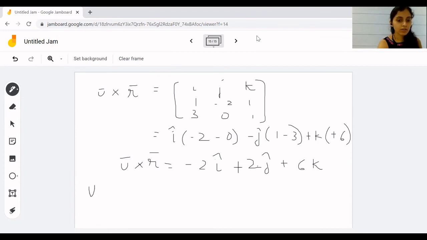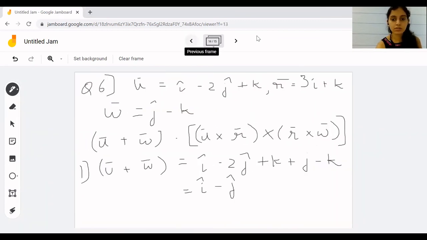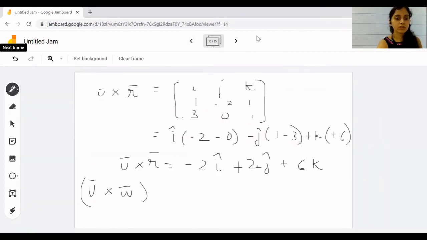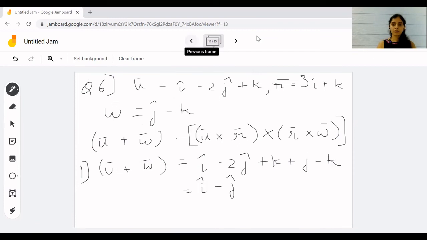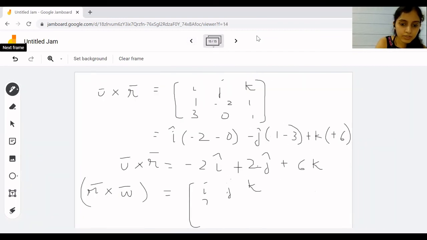Then we have U bar cross W bar, I think. Let me check the question. Sorry, R bar cross W bar. So this will be R bar cross W bar. Again, substitute the values i, j, and k, and then put the values of R bar, that is 3, 0, and 1.